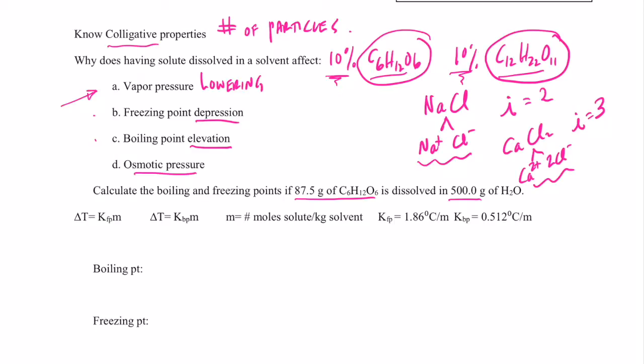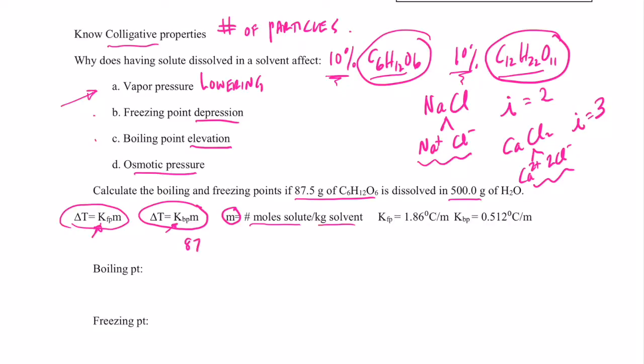So the change in the freezing point is equal to the freezing point constant times the molality. The change in the boiling point is equal to the boiling point constant times the molality. So you'll see we have to find the molality to do both of these problems. And as you recall, I hope, molality is moles of solute divided by kilograms of solvent, which is oftentimes water. So let's go ahead and find the molality first.